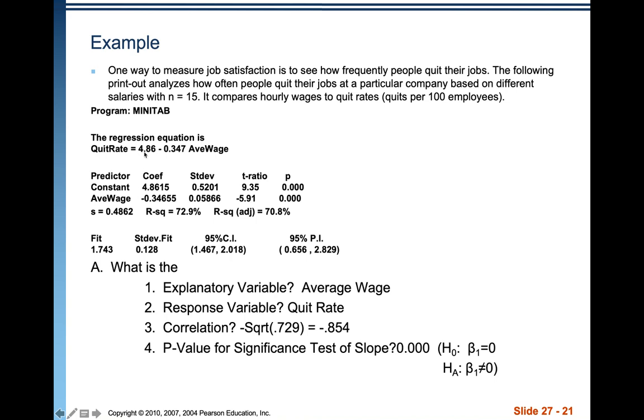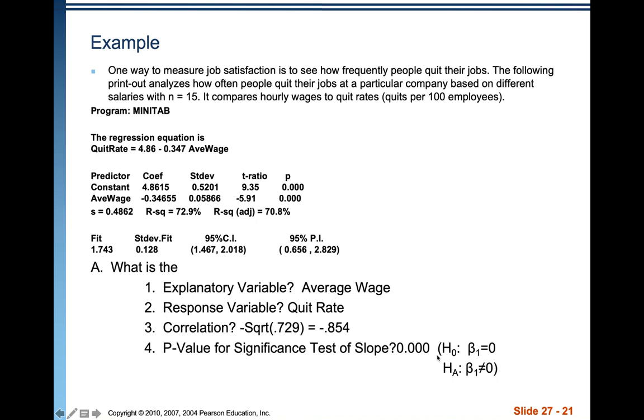Also, in this output, they give you the actual least squares regression line: predicted quit rate equals 4.86 minus 0.347 average wage. So average wage is our input, our explanatory or predictor variable. Our response variable is quit rate.